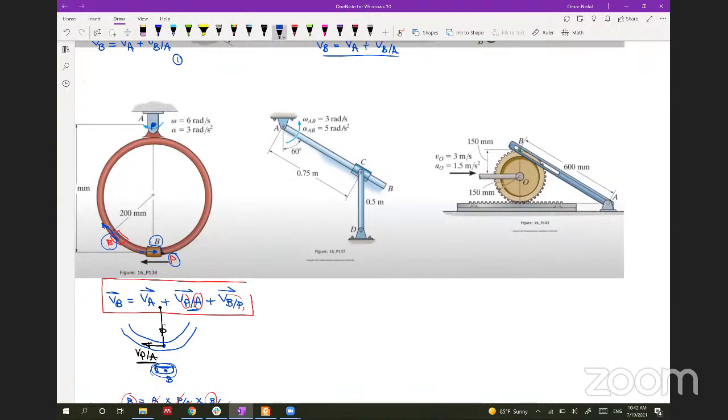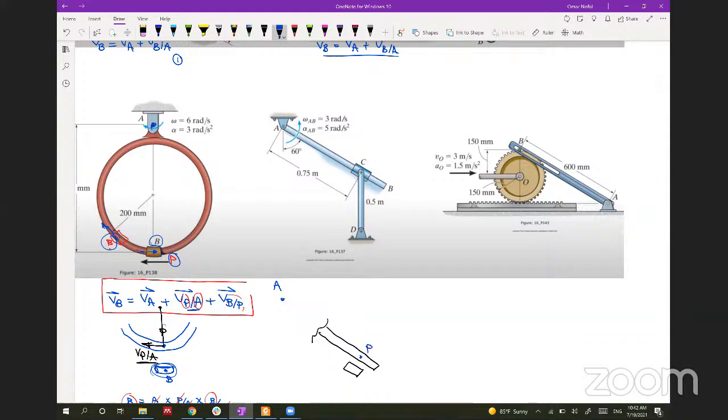And let's see the other one. You have a bar, and the collar C slips on the bar AB, which has an omega and alpha. If you have this bar like this, you remove the collar. Let's put the collar outside here. Just taking a section here, with point A somewhere here, and let's put point B just below the collar.